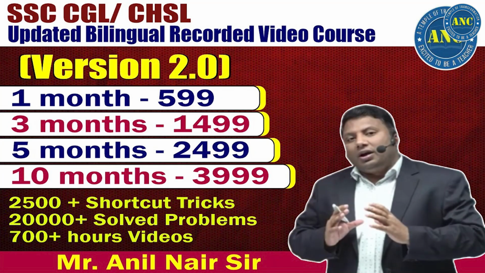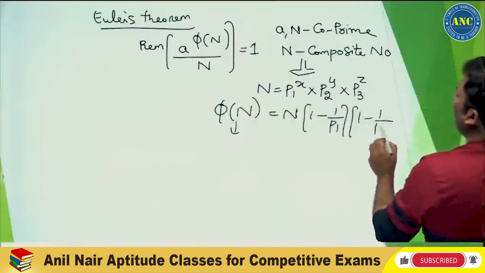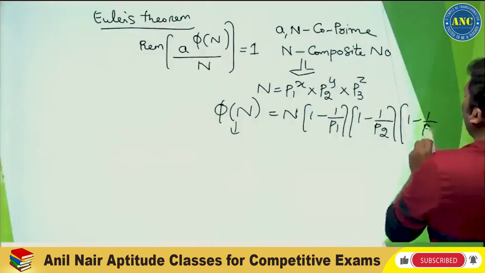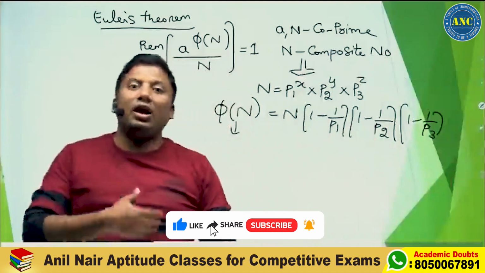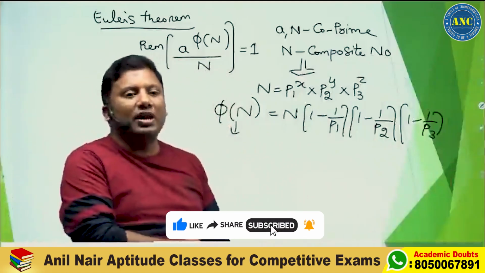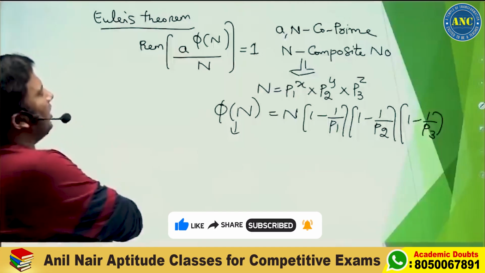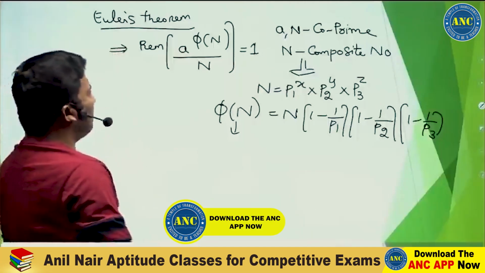Totient of N is nothing but N into 1 minus 1 by P1, 1 minus 1 by P2, 1 minus 1 by P3. We have seen this case yesterday, and we have done a lot of problems where the denominator is a composite number.